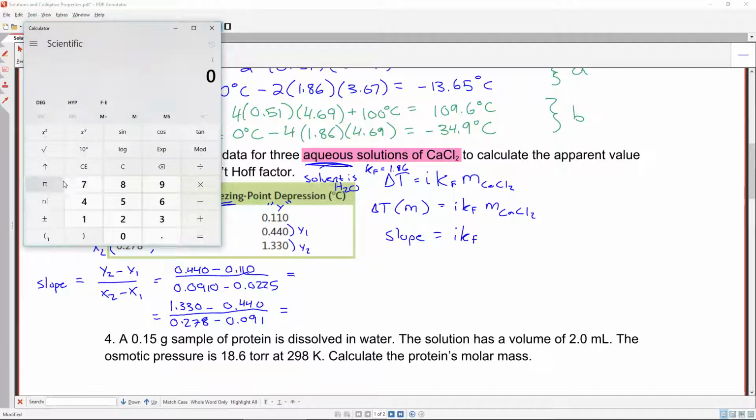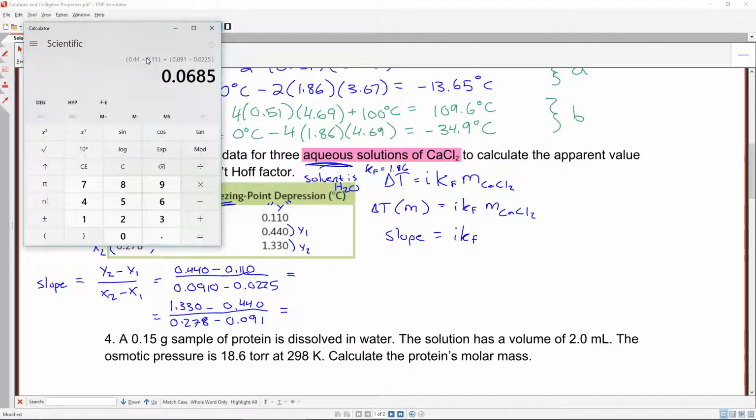Yes. Awesome. Right, so 0.440 minus 0.110. My calculator probably hates me for typing in a 0 there. Right, divided by parentheses 0.091 minus 0.0225.